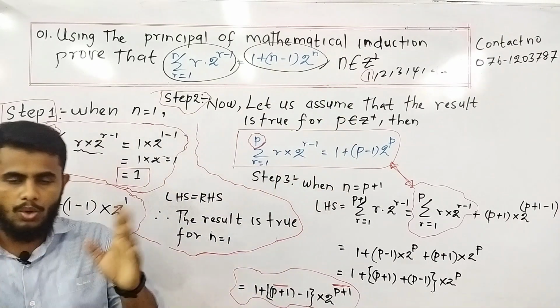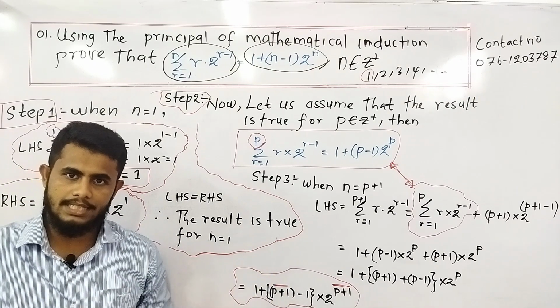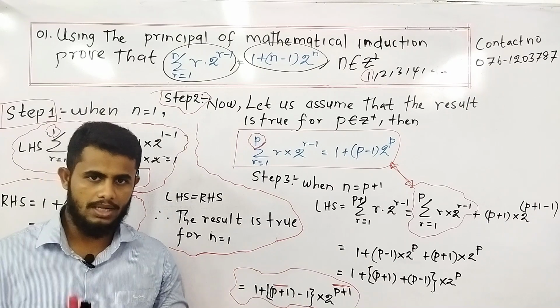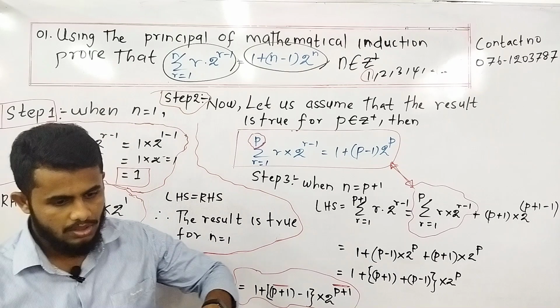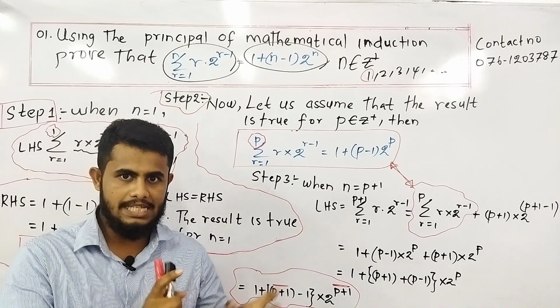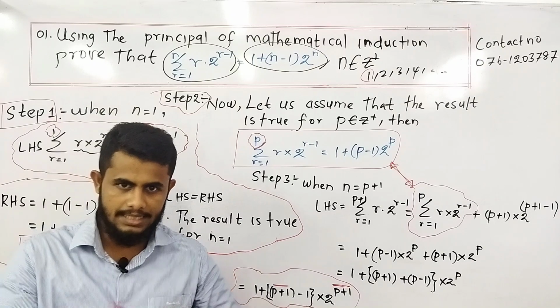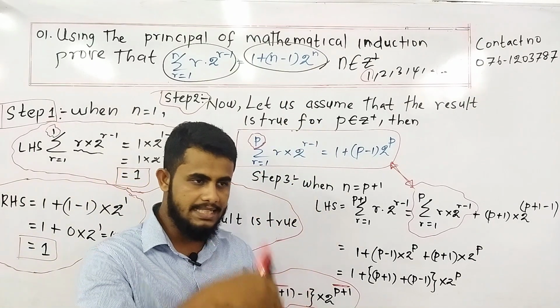Okay, you all know, for solving these kinds of mathematical induction questions, what are the steps? Let me remind you. The first step is, you have to take the least number that n can take in the set of Z plus.